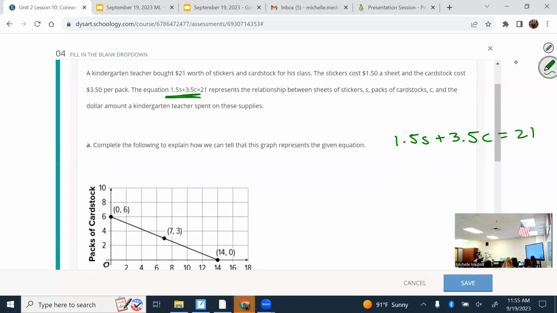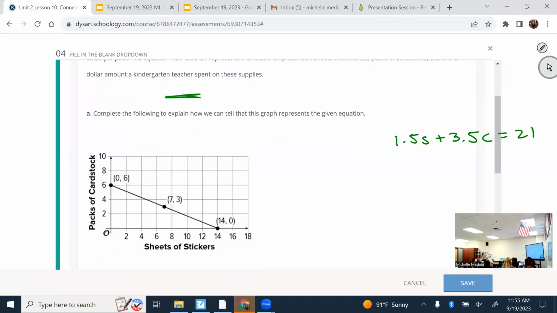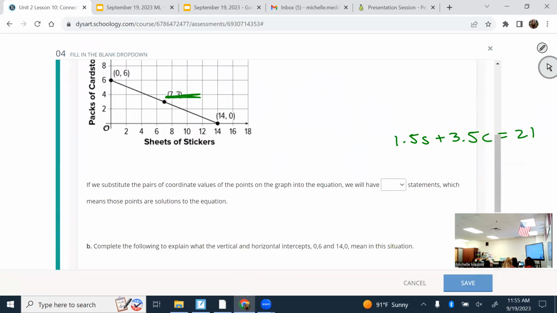We're going to complete the following to explain how we can tell this graph represents the given equation. If we substitute the pairs of coordinate values of the points on the graph into the equation, we will have either true or false statements, which means those points are solutions to the equation. If they are solutions, then plugging in these coordinates should make this equation true or false?